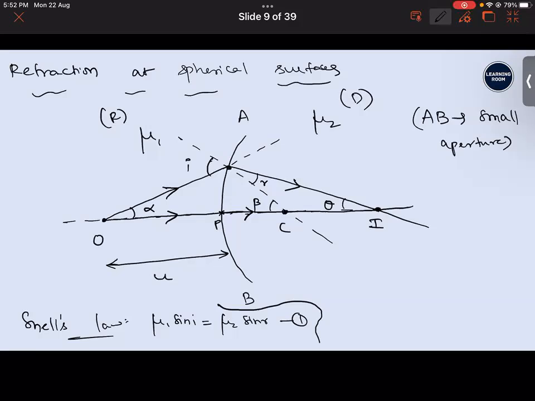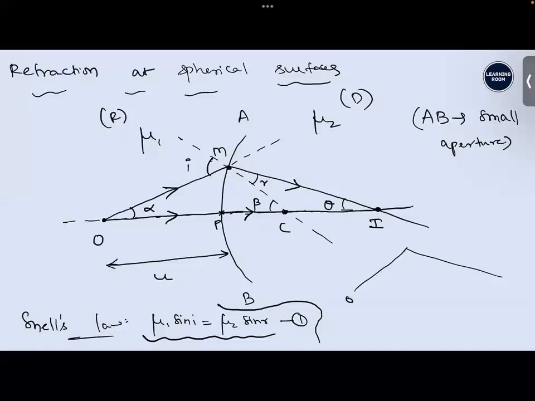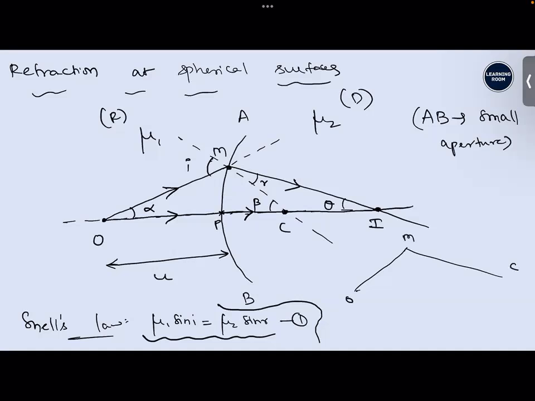Is it clear? Now see, if I consider the triangle, if I take this point to be M, if I consider the triangle OMC, if this is alpha, this is beta, then this will be I. So what is the relation between these three?